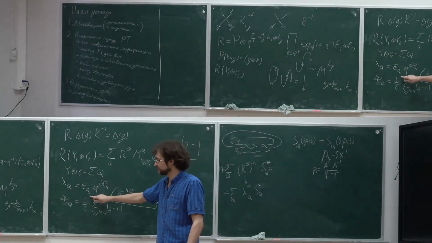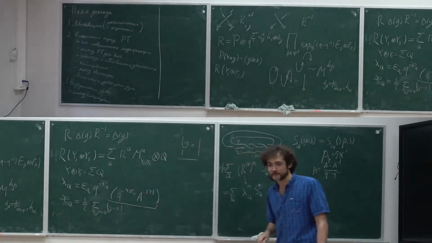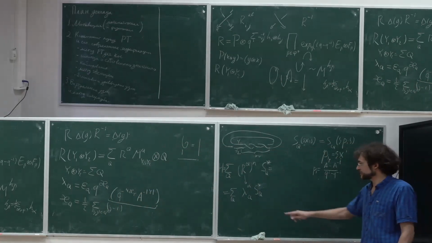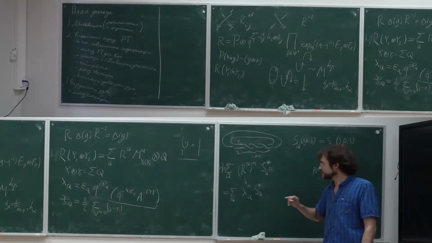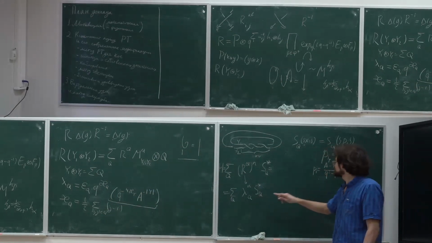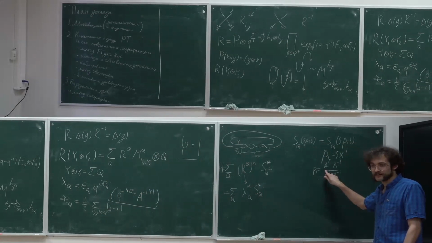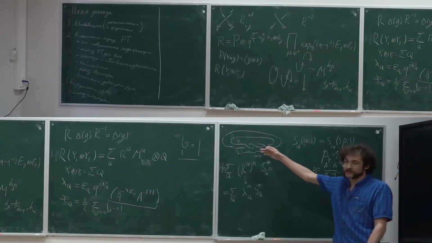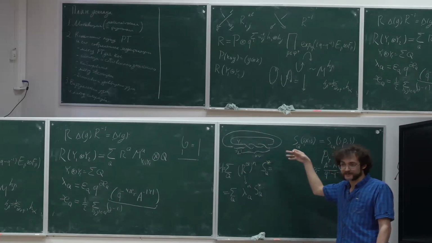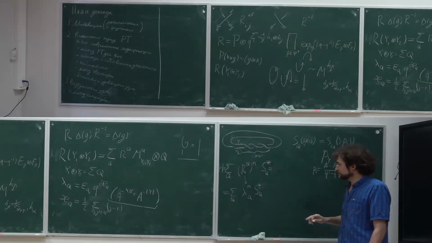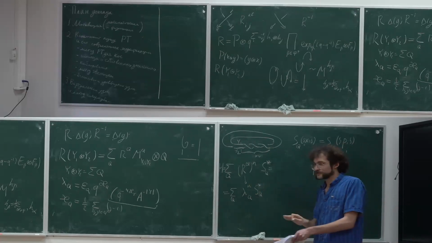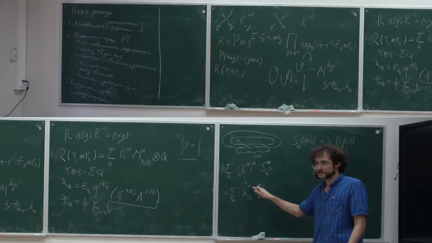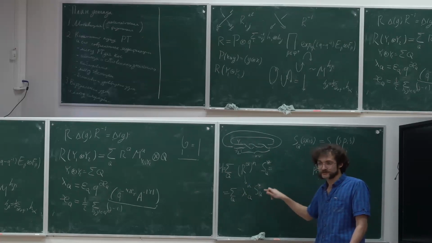So they do not depend on the group. This lambda is the same for any group SU(N). And this S depends on the group through A, but it doesn't depend on the knot. They depend on the width of the braid. So we have rewritten this HOMFLY polynomial in two distinct parts, one which depends on the knot, and another which depends on the group.